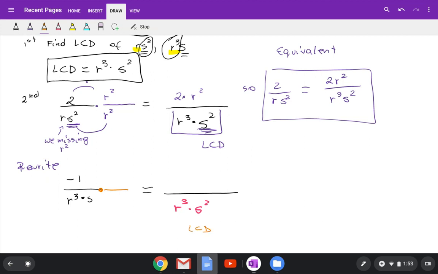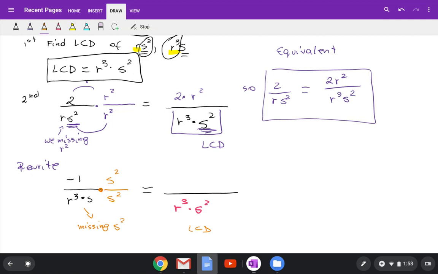So look what happened. We have R to the third power already, so we're good, okay? Now we have S, but we want to have S to a second power, so we're missing S squared. So what we're going to do, we're going to multiply top and bottom by the missing factor.